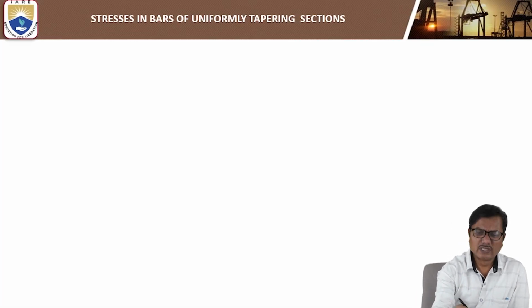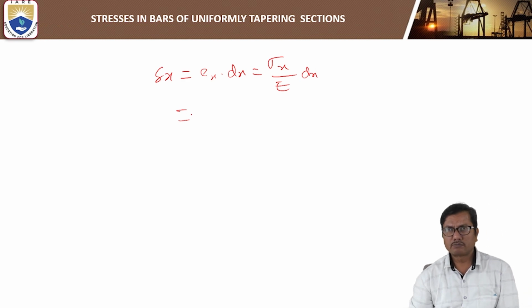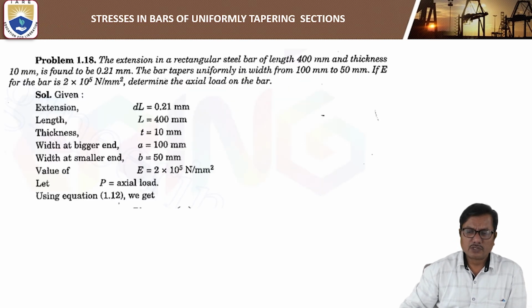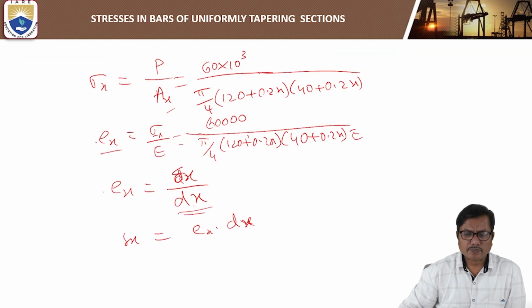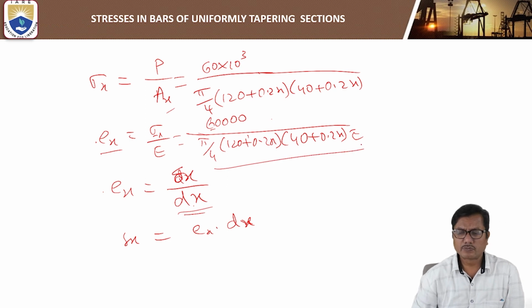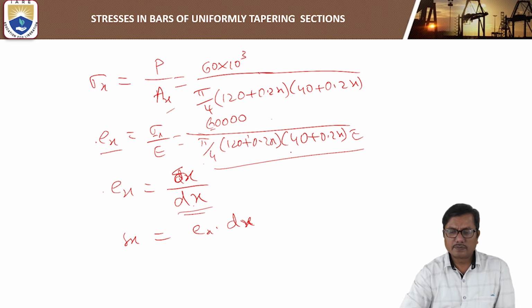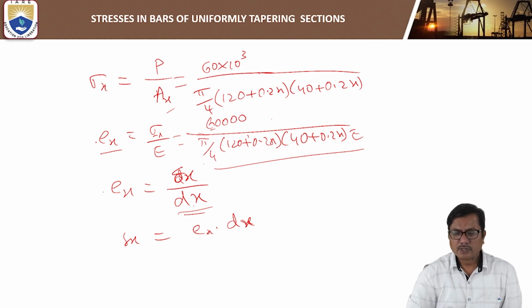So delta x is equal to epsilon x into dx, that is sigma x by E into dx. What is sigma x by E? It is 60,000 by AE into dx.